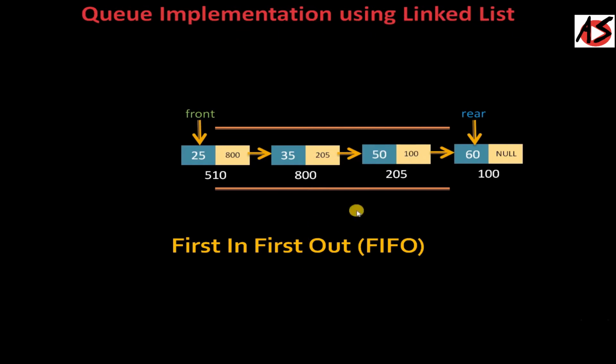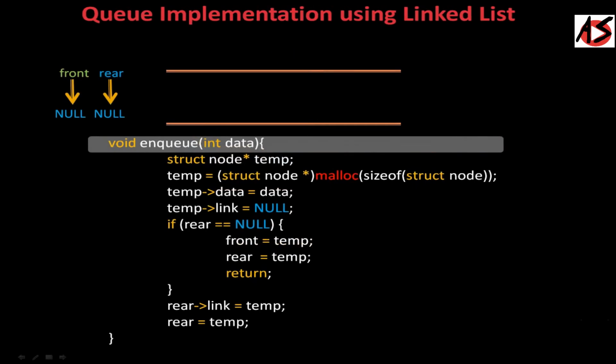So we will see how you can write the code for insertion and deletion in the queue using a linked list. Let's begin. Initially, you can see the front and rear pointers are pointing to null. Here is the function for insertion, normally called the enqueue function, and we are passing the data, which is integer type.